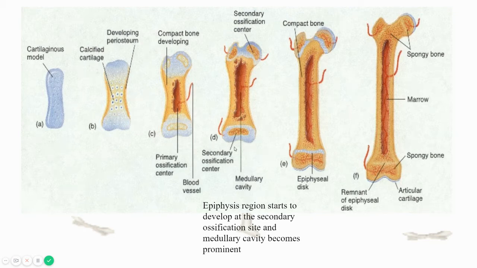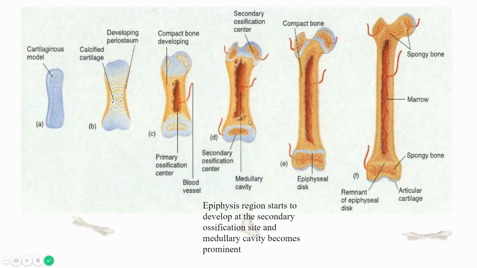In this picture D, we have the secondary ossification sites starting to form, and that's happening in the epiphysis region of the bone. So that's going to be at the base and at the head of that long bone. The primary ossification site is still working.